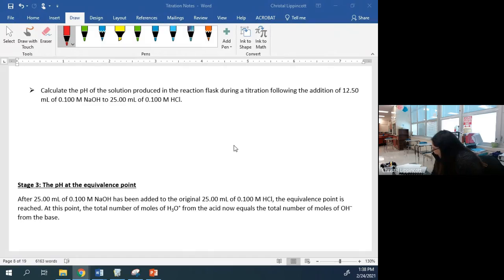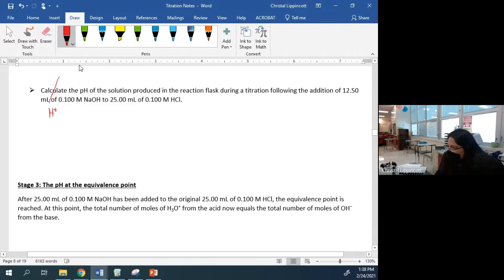All right, so calculate the pH of the solution produced in the reaction flask during a titration following the addition of 12.5 mL of 0.1 molar NaOH to 25 mL of 0.1 molar HCl. Okay, so if I start out with my equation here, I have H+, from my HCl.